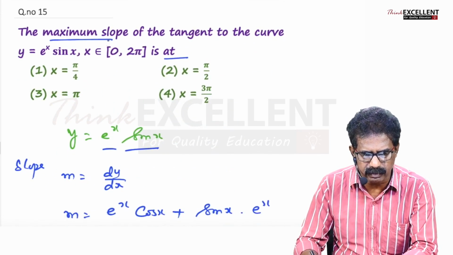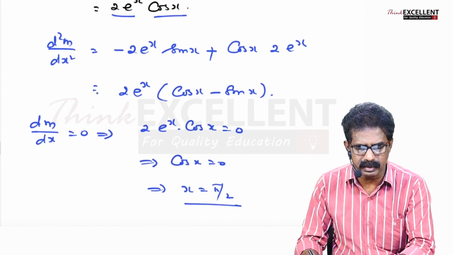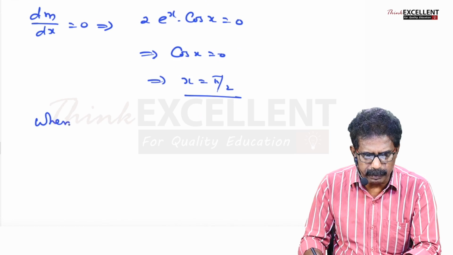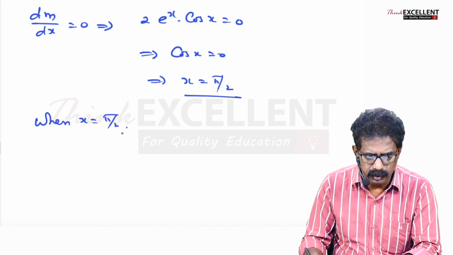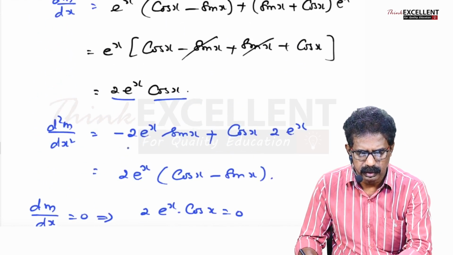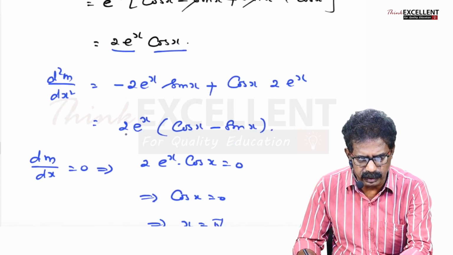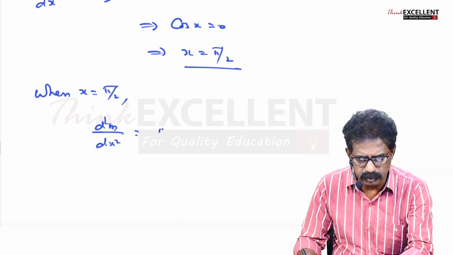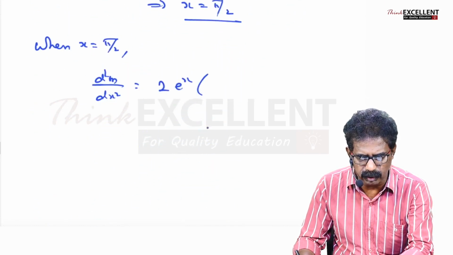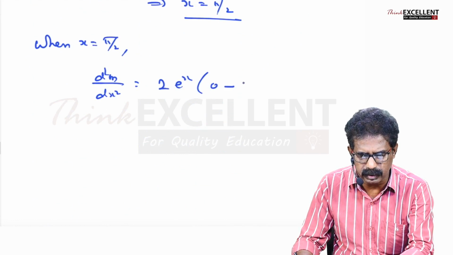But the only thing you have to check is whether it is maximum. Maximum means the second derivative must be negative, right? So when x equal to pi by 2, d square m by dx square is 2 e raised to x, you are giving pi by 2, right? Cos pi by 2 is 0, minus sin pi by 2 is 1.